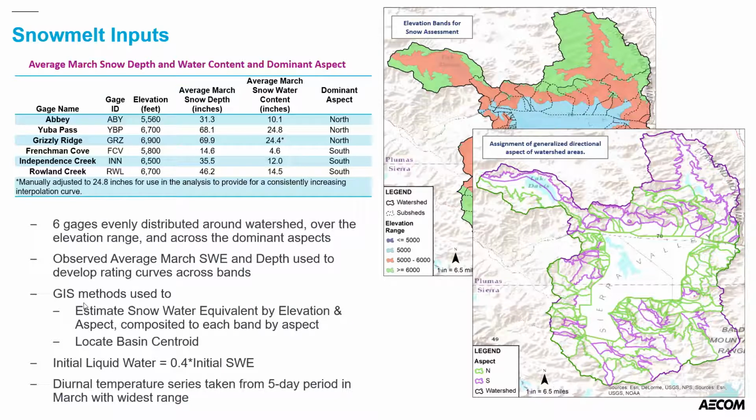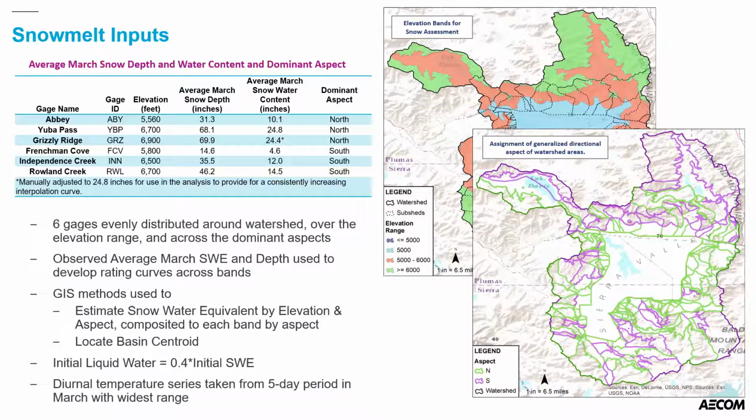We also pulled out the diurnal temperature series from the observed data at the gauges. Diurnal temperature series is basically needed to figure out melt, and it's min and max temperature range over a 24-hour period over the time period of your simulation. So we selected a 5-day period in March with the widest range.